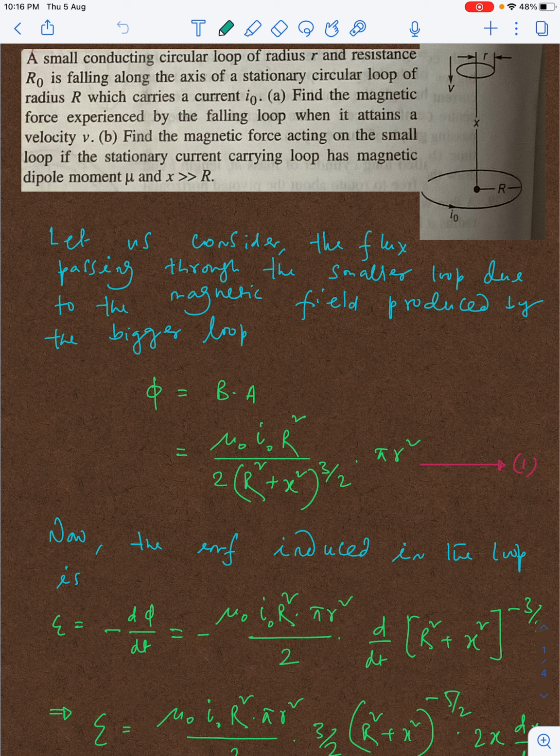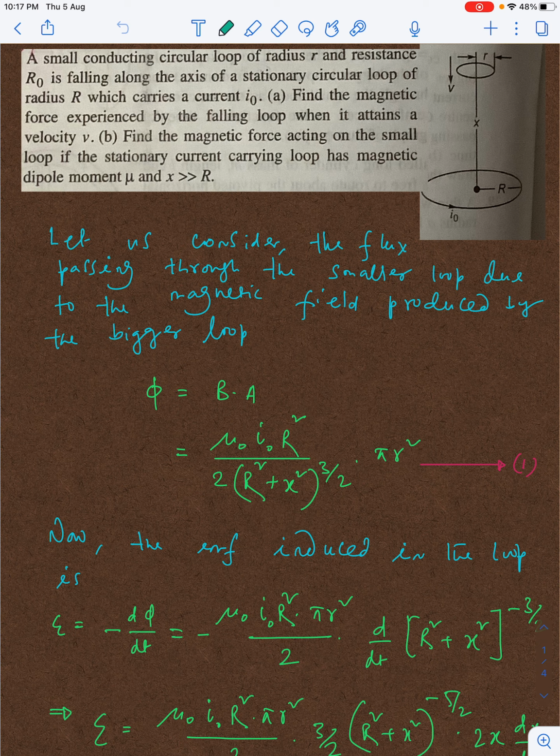The statement says, as you can see in the diagram, first of all, I am sorry that I could not arrange it properly. So there may be a visibility problem regarding reading out the question, but I hope that you can manage it. There are two loops you can see. One is a bigger loop of radius capital R, and another is a smaller loop of radius small r.